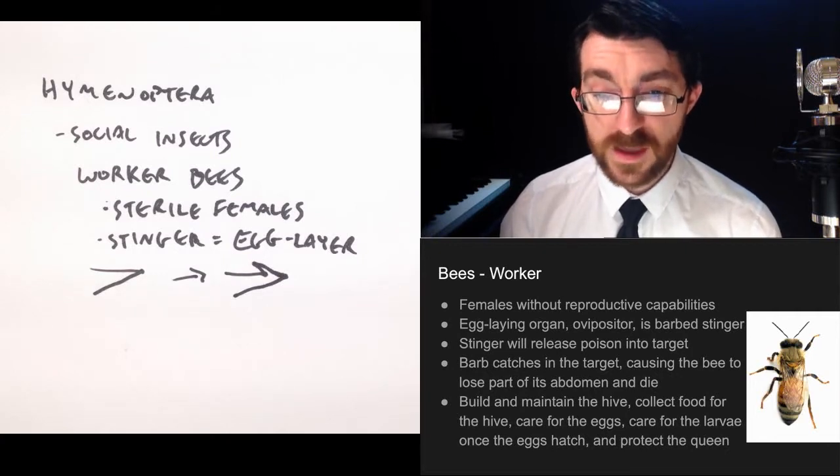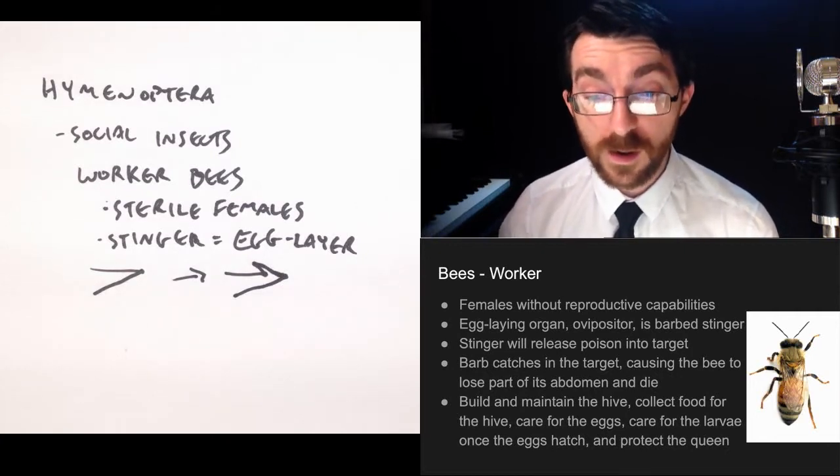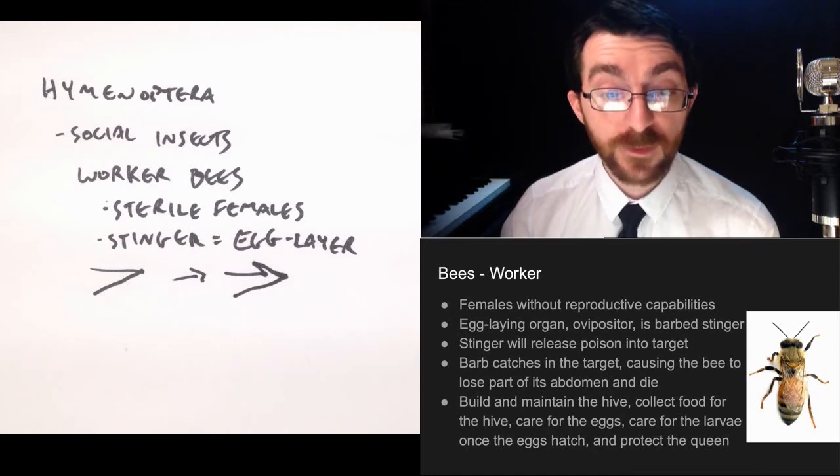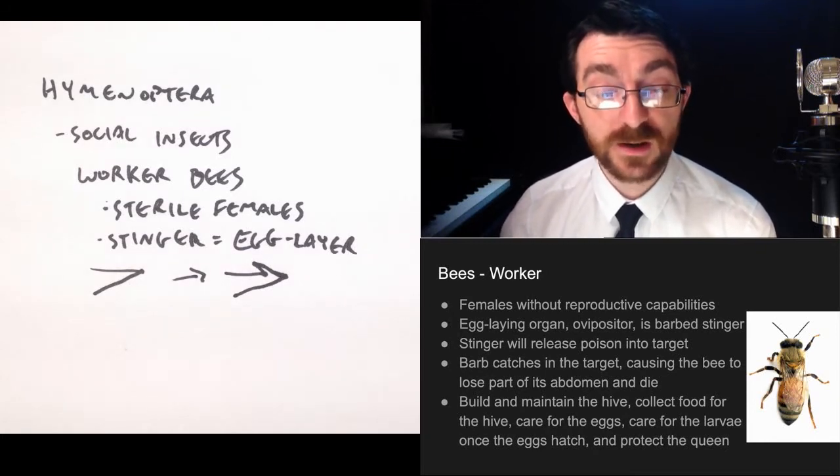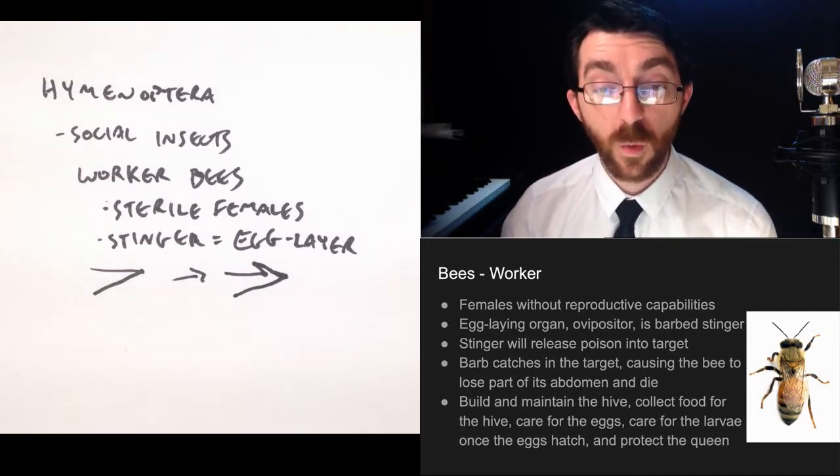Okay, so the role of the worker is to build and maintain the hive, collect food for the hive, care for the eggs, care for the larvae once the eggs hatch, and protect the queen, which you probably could have gathered just from the name worker.